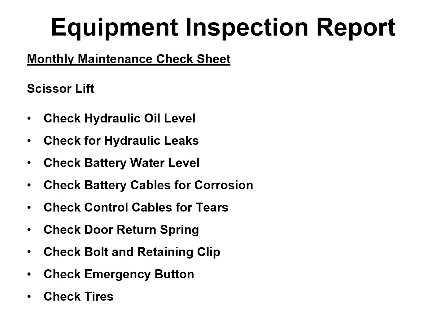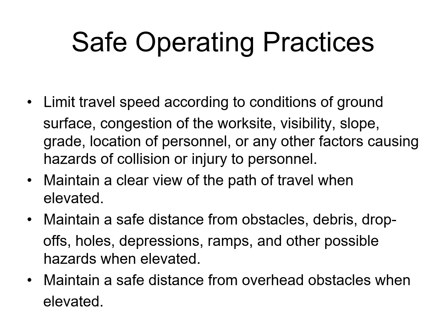Again, equipment inspection report, monthly maintenance check sheet goes over check hydraulic oil level, check for leaks, check for battery water level, battery cables for corrosion, control cables for tears, ensure the door return spring works and latches, check bolt and retaining clip, check emergency button and tires.